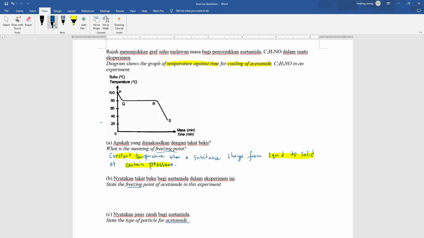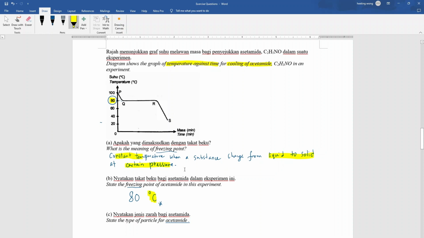Meaning that the freezing point is 80, and don't forget the unit is degrees Celsius. Whatever value is given here, when it becomes constant, that is the freezing point.